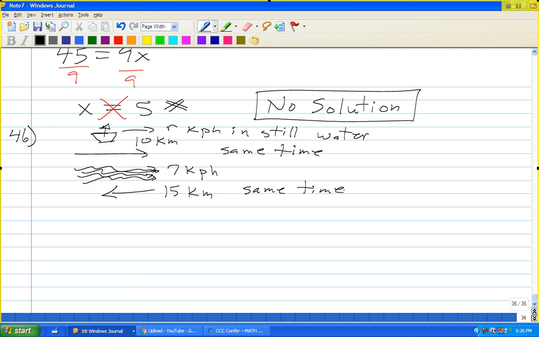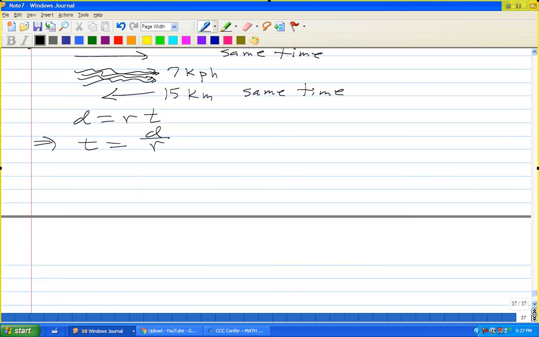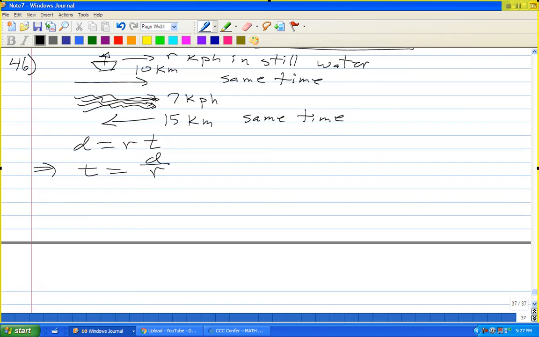Okay, so I have distance equals rate times time, or time is distance over rate. So let's figure out the time. Well, the time for this boat to go upstream is the distance. Well, the distance is 10 over the rate. Oh, let's call it x then, because I'm calling that r.